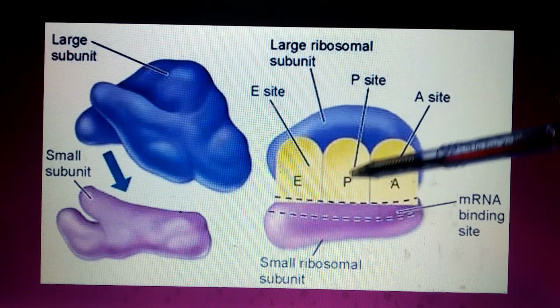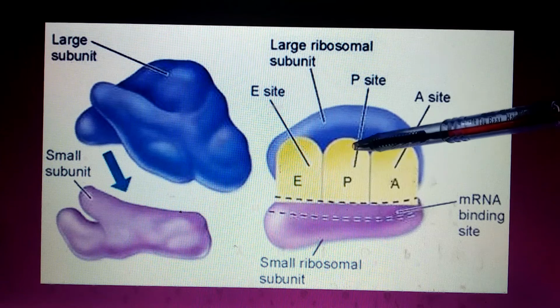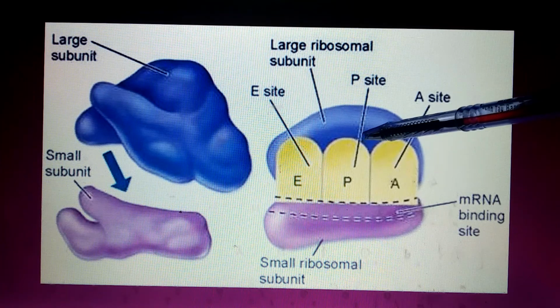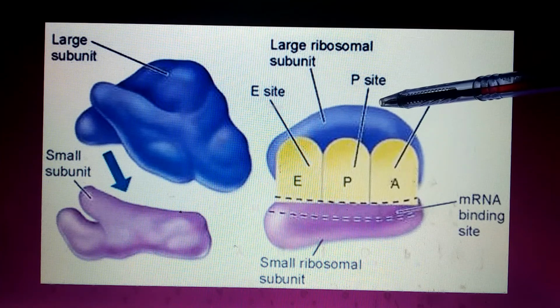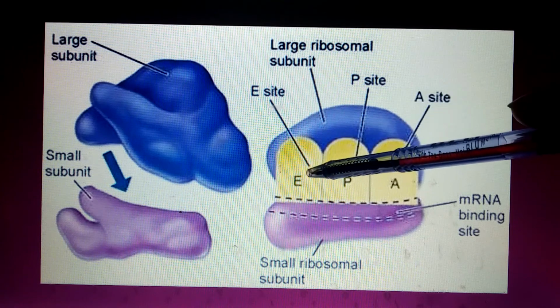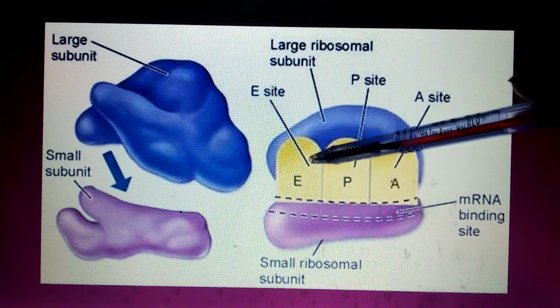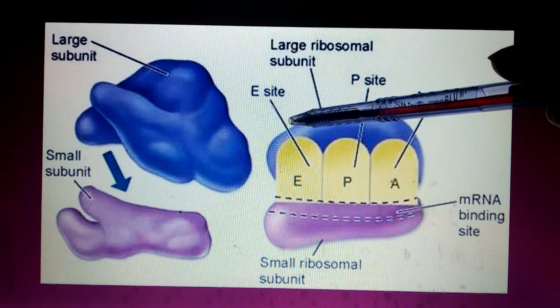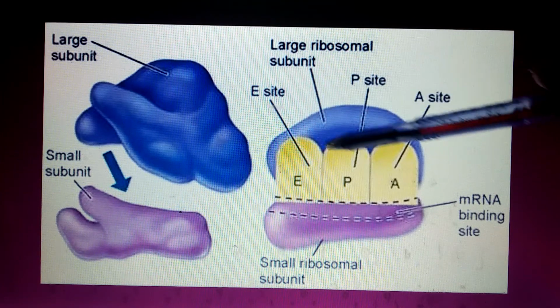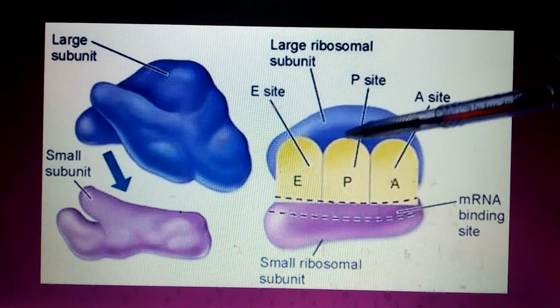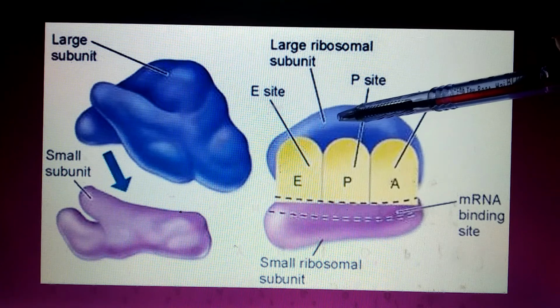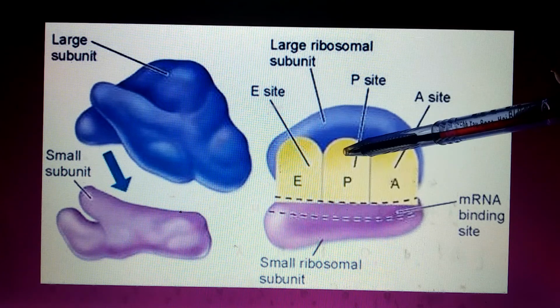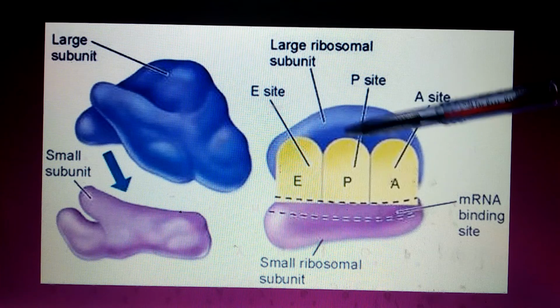And at the P site, these amino acids are attached to each other with the help of the peptide bond. Then from the E site, the transfer RNA exits. Is it clear? This means after formation of the peptide bond, the polypeptide chain forms between the amino acids at the P site.